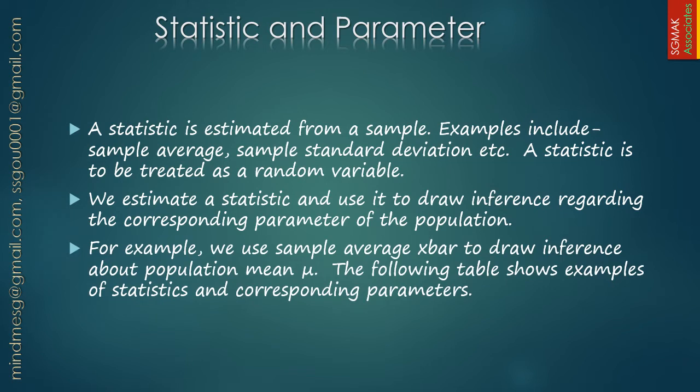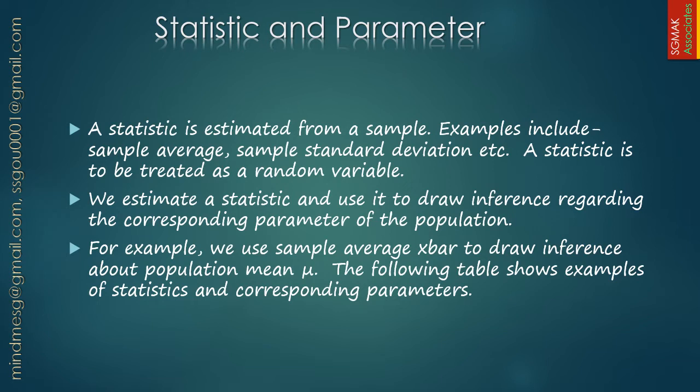For example, we use sample average, the standard notation is X bar, to draw inference about population mean, which is represented by the Greek symbol mu. So X bar is a statistic. We take a representative sample, get individual values, get an average, that's a sample average.